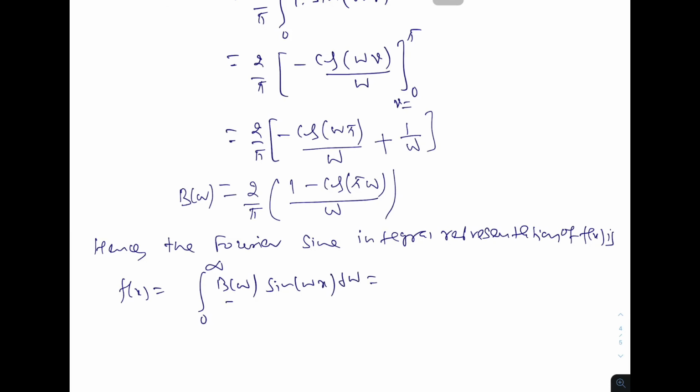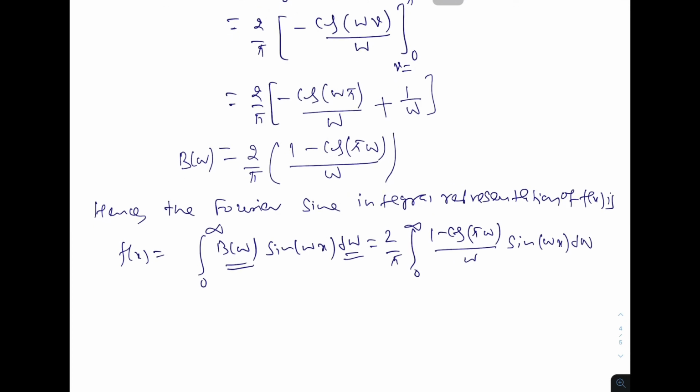Now B(omega) is this value, 2 by pi. We can take it outside. Don't take omega outside, because we are integrating with respect to omega. So 2 by pi times the integration from 0 to infinity of (1 minus cos(pi omega)) over omega times sin(omega x) d omega.